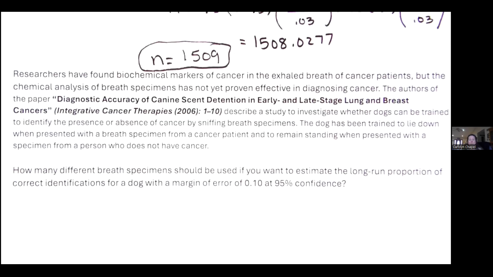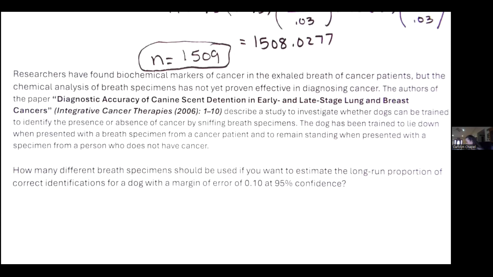They described that sometimes we can train dogs, because their sense of smell is so much better than our sense of smell. Possibly if we can train them to sniff our breath, and if they sense this, they can lie down. And if they don't sense it, they'll stay standing. So if we can do that, maybe we can detect cancer faster, because all we'd have to do is breathe on a trained dog.